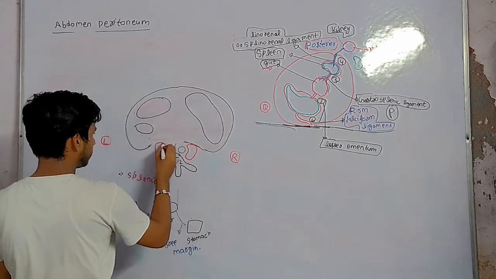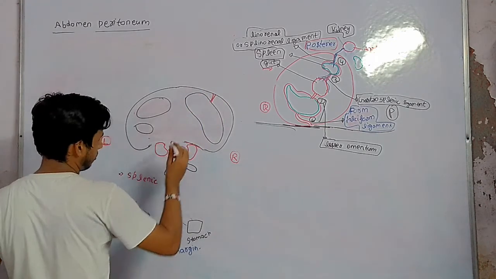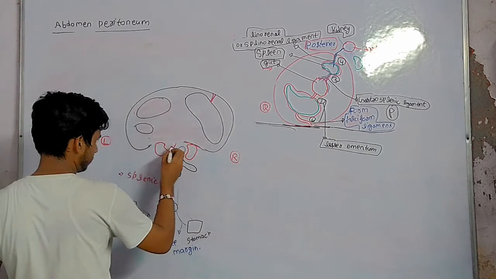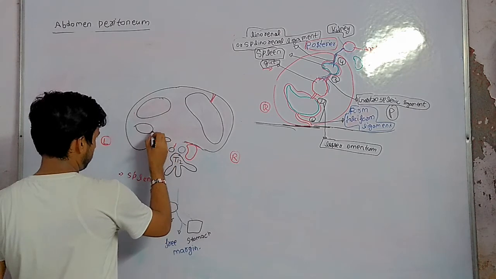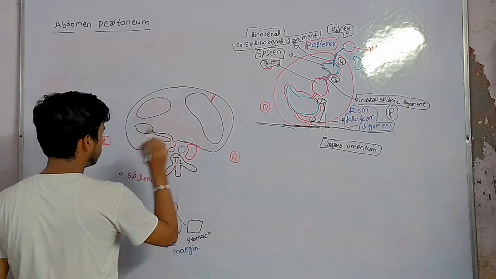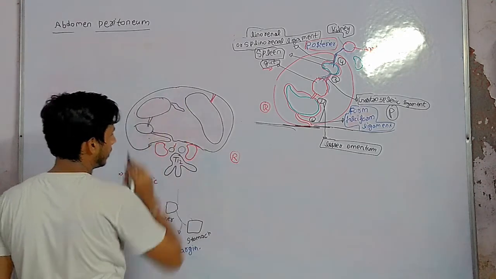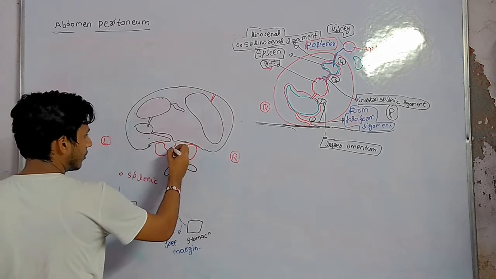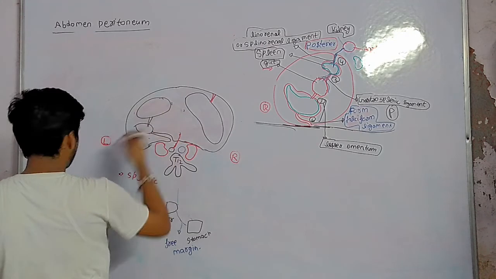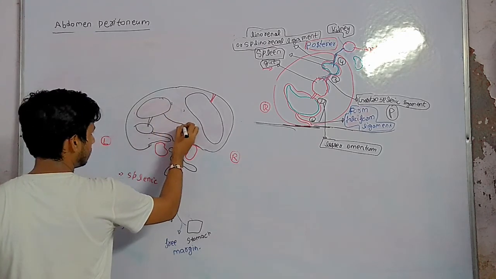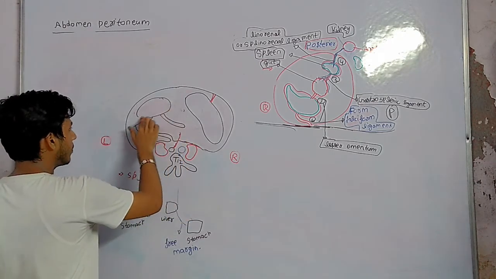Ligaments form between them. The ventral mesogastrium forms the falciform ligament. One ligament is the splenorenal ligament, one ligament is between this, and one ligament is formed like this. Done. These are four ligaments. This is the celiac trunk. This is longer, not shorter like this. These are organs and these are peritoneal folds.